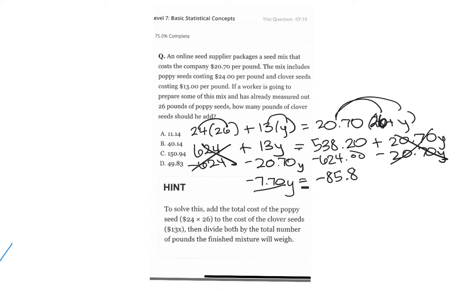Then I have to divide through by the negative 7.70 on both sides. And I'm going to end up with Y equals 11.14285714. When I round it, the clover pounds for the mixture would be 11.14.